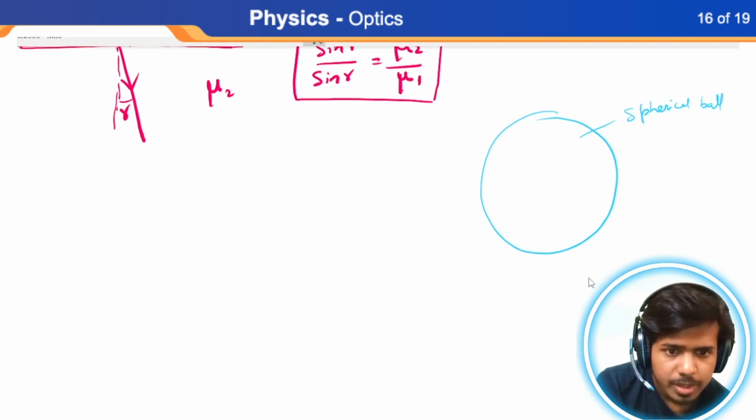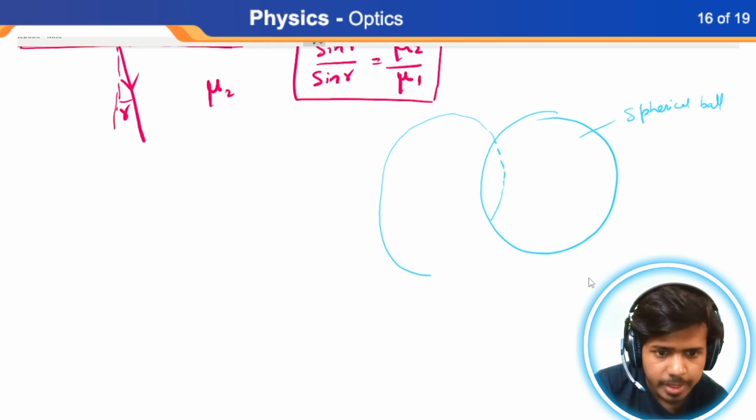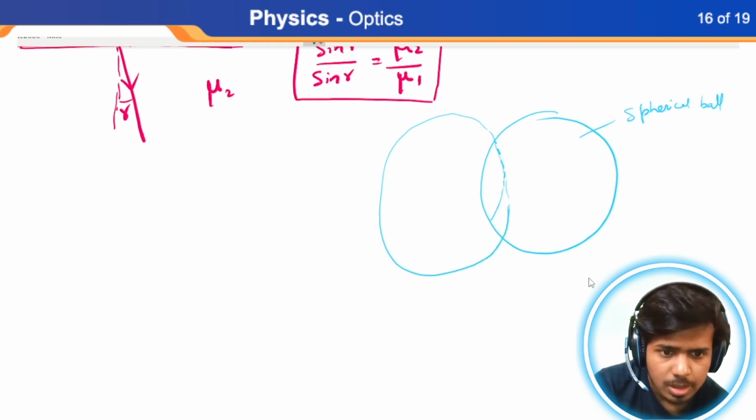Now what I do is cut a section over it such that it is part of another circle which is having the same radius. Then this section which has been cut out, I can take it out.